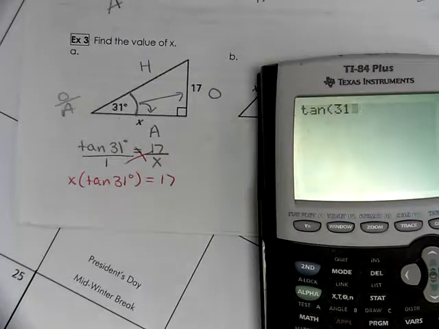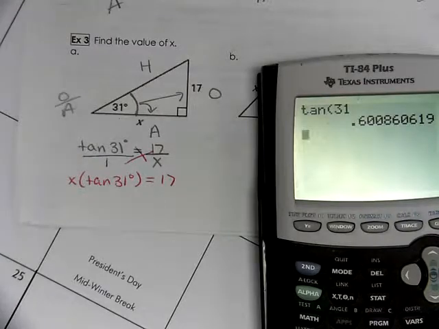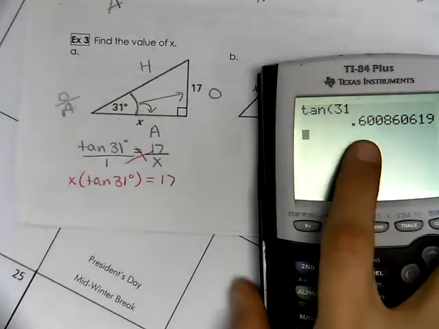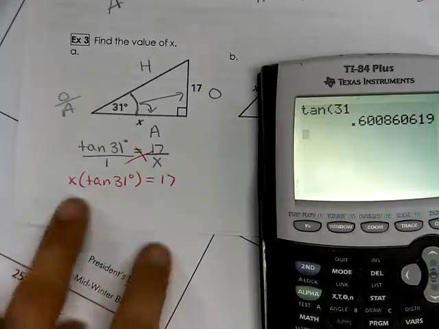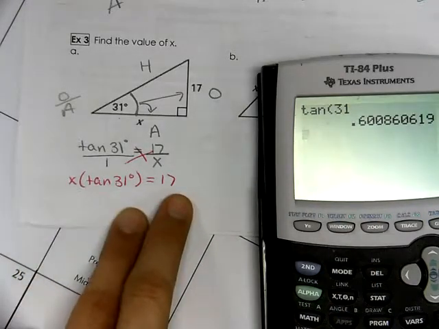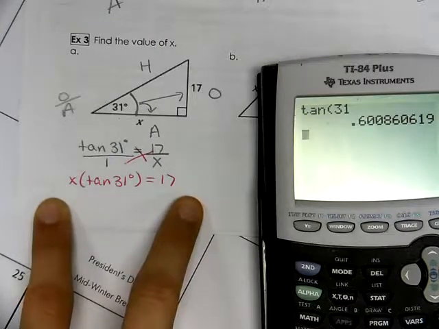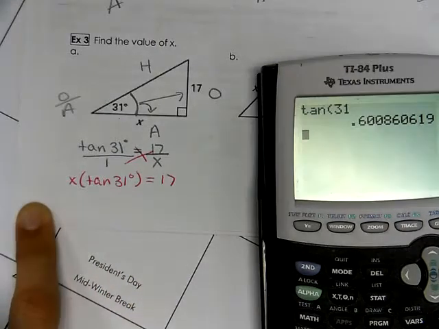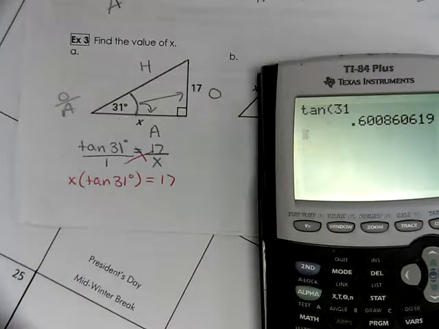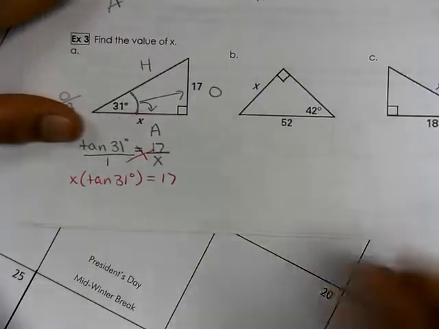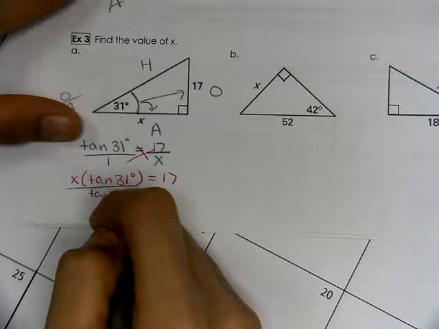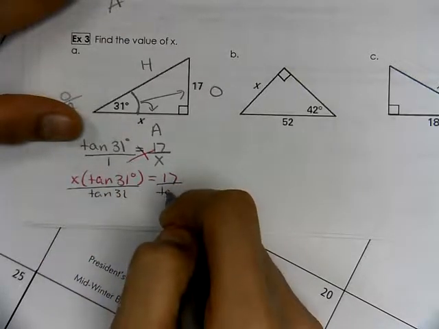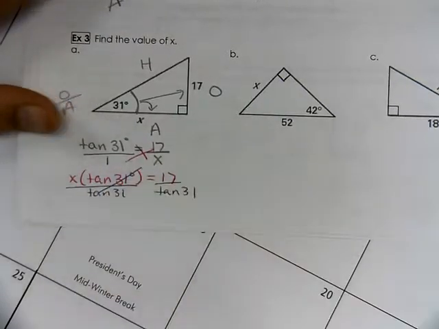So the tan of 31 is a number. It's 0.6. So the ratio of every opposite over every adjacent is like 0.6. So think about if this was like 2x equals 17, what would we do if it was 2x equals 17? We would divide. We're going to do the same thing here. I'm going to divide both sides by the tan of 31. And then those cancel out.